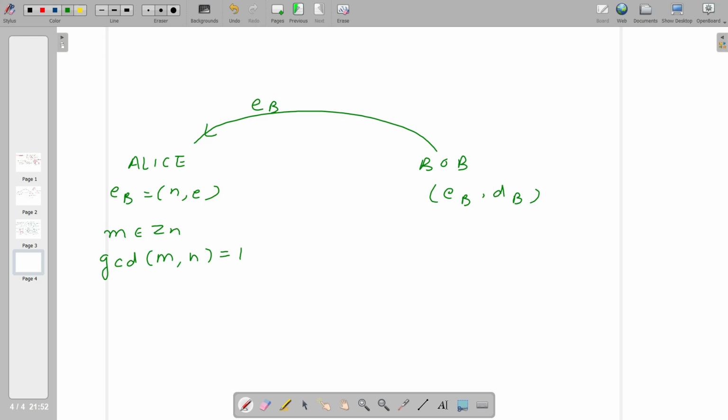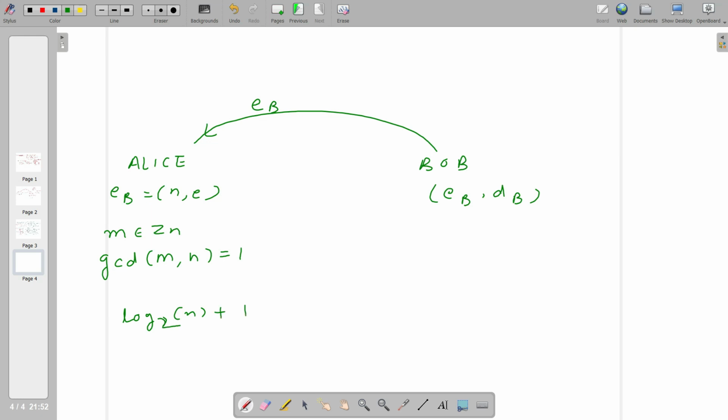So the plaintext is encrypted in blocks, with each block having a binary value less than some number n. M is a block of plaintext, and usually the block size must be less than or equal to log n base 2 plus 1.